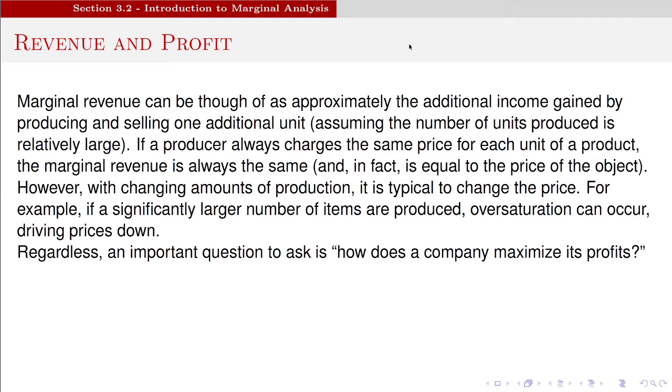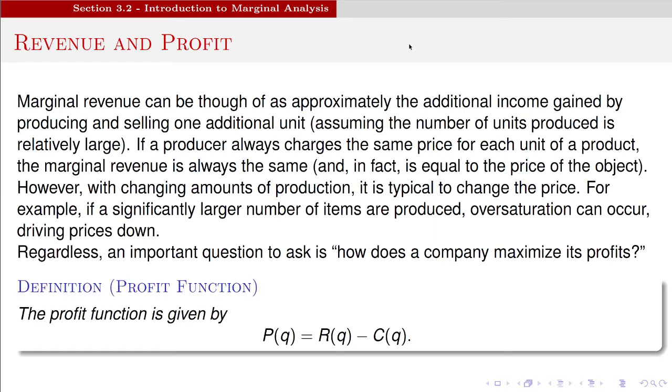The thing we really want to focus on is maximizing profits, which is how much we have after we subtract our costs from the revenue. This is sort of our net gain in money. So how do we maximize profit?